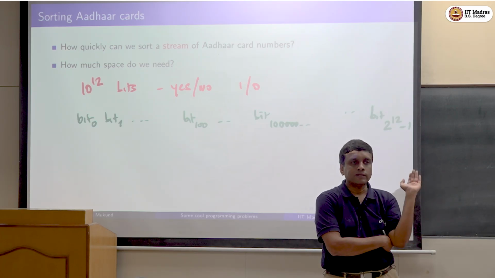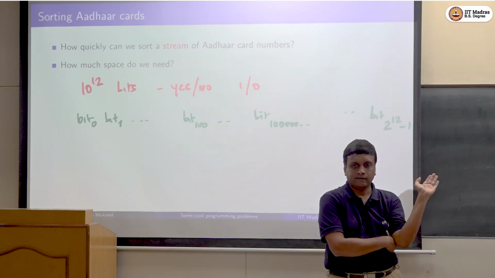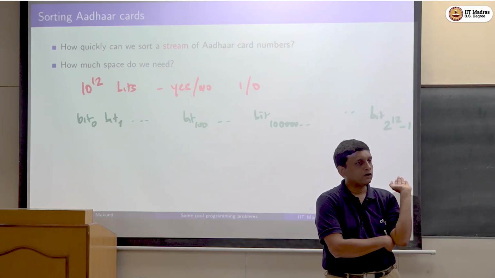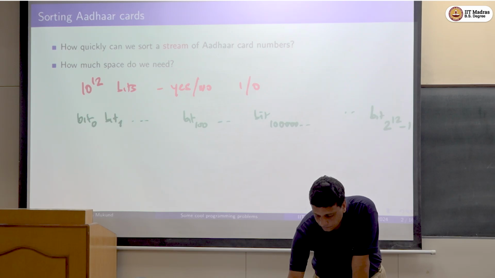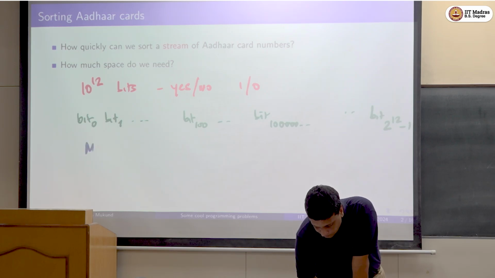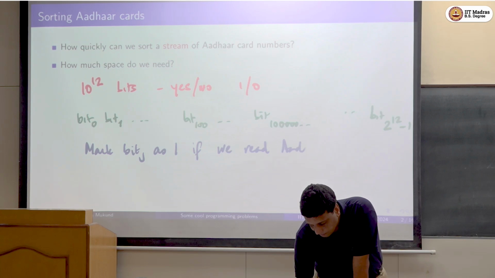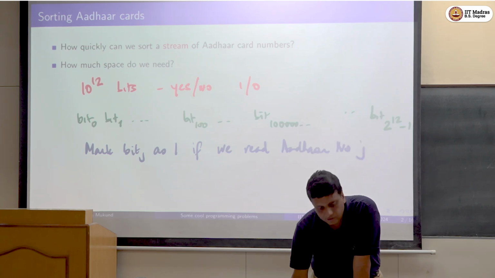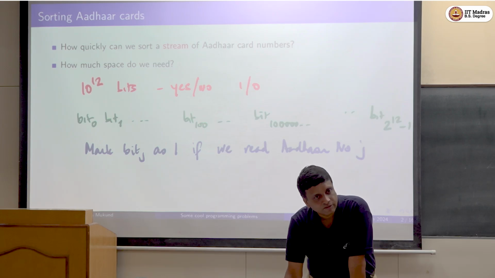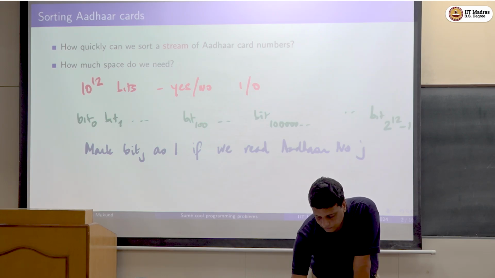So I just read off the ones, but because I'm doing it from left to right, it is automatically in increasing order. Right? So when we read Aadhaar number j, we just flip bit j.